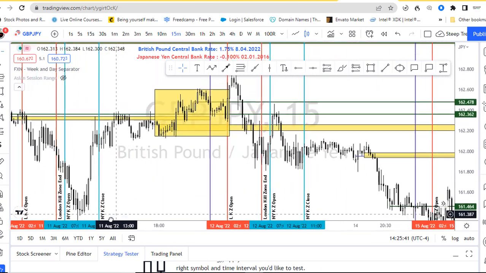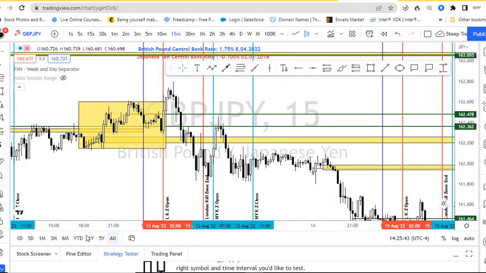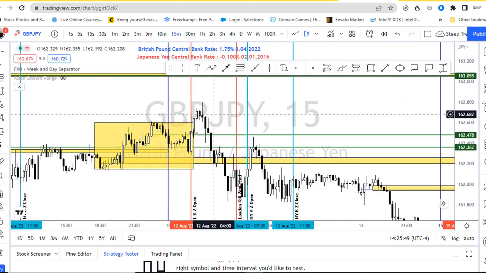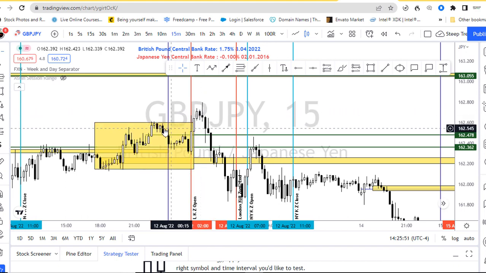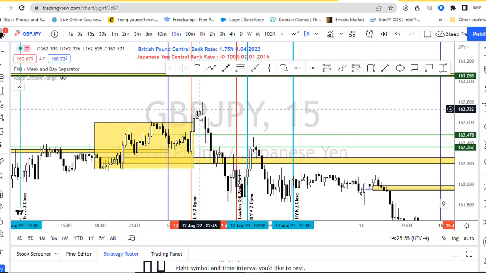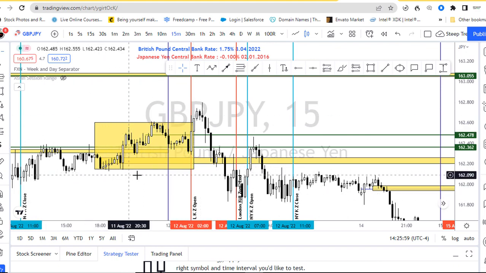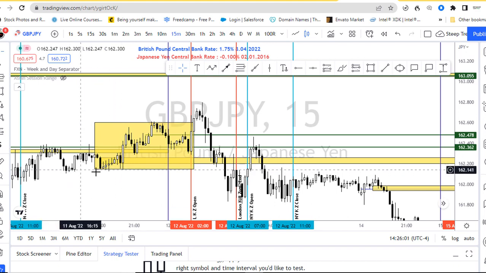But as price trades up above London, you know that it took out these highs. So now you've got to find the lows that it could possibly take out. And here goes some lows here, some really good lows to target.